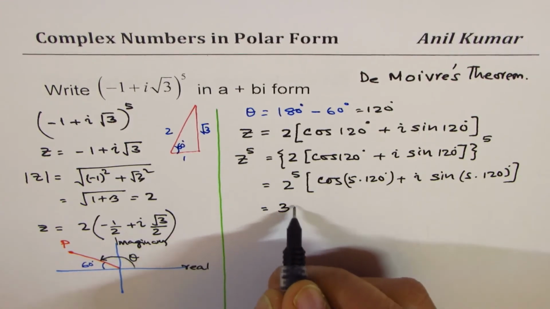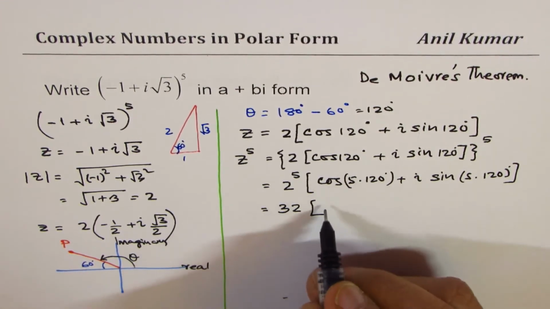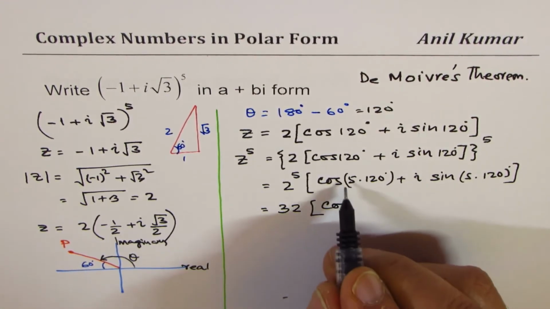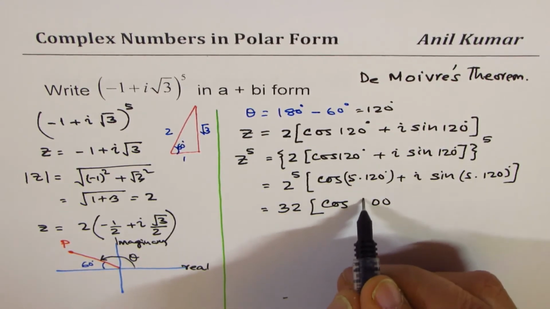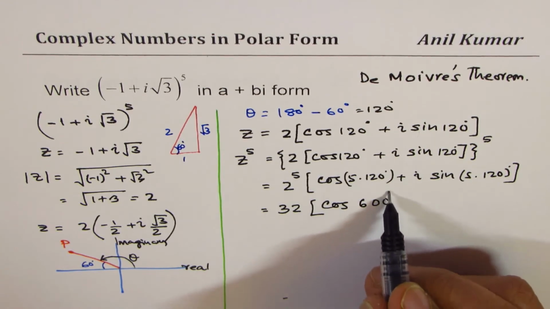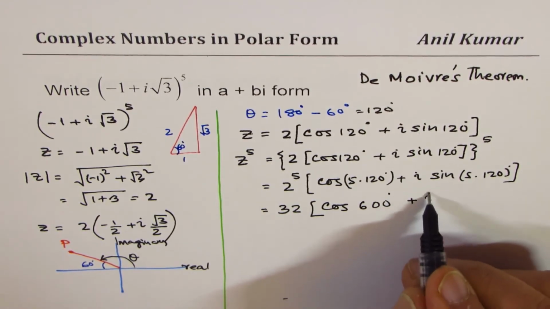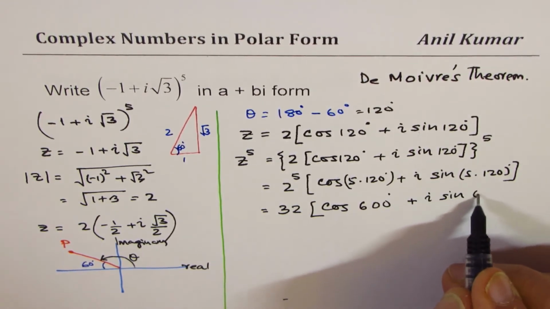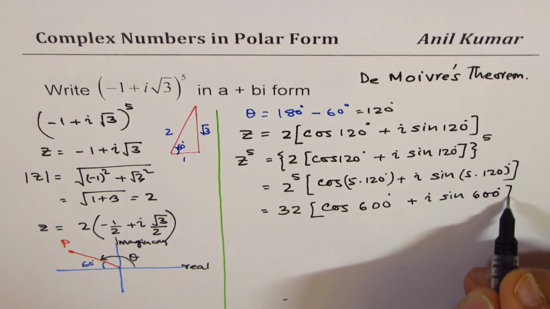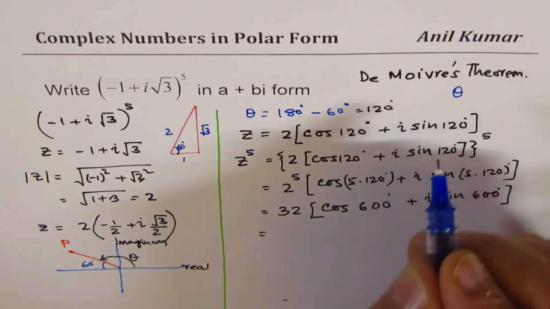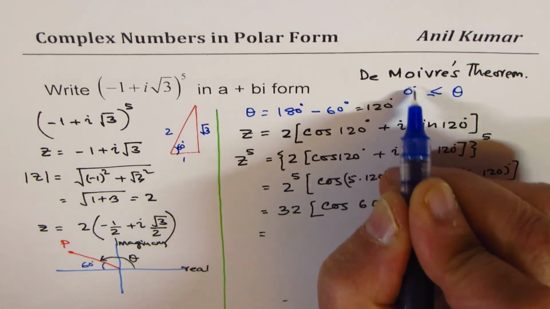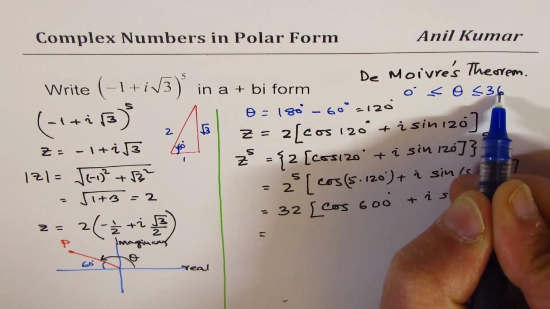Which is 32, and cos of 5 times 120, 5 times 2 is 10, so 600 degrees, plus i sine 600 degrees, right? Now, you should remember that whenever we are working in the complex plane, theta is between 0 and 360 degrees, correct?